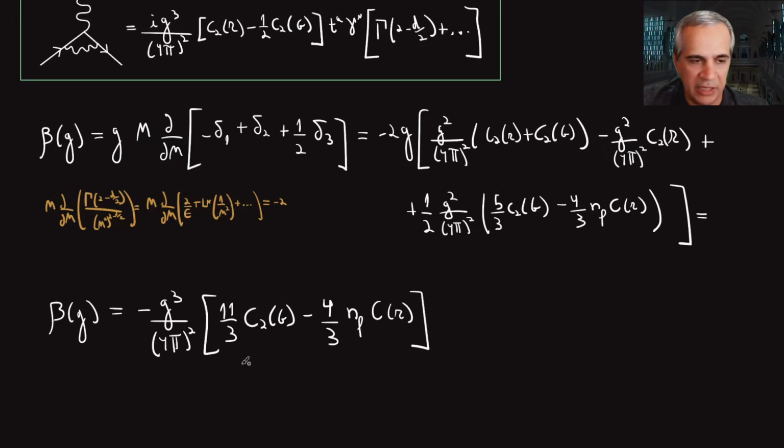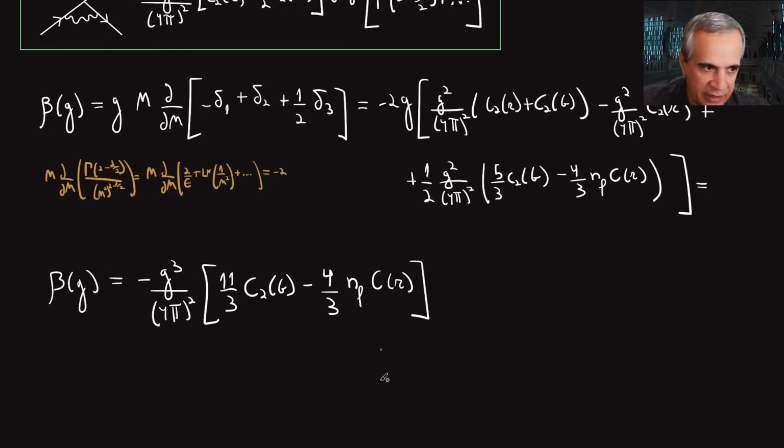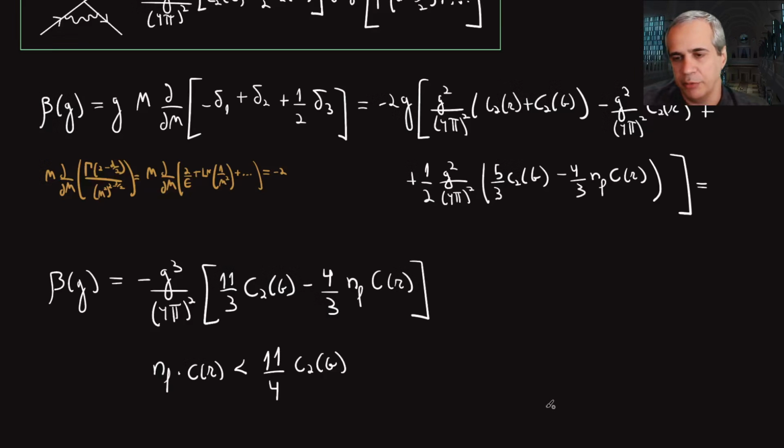This is especially clear if I substitute for SU(N) here, but you can already see that. The condition, in fact, in this case, would be that the number of fermions times this constant that depends on the normalization of the representation should be smaller than 11/4 of the Casimir operator for the group, which depends, of course, on the particular group.